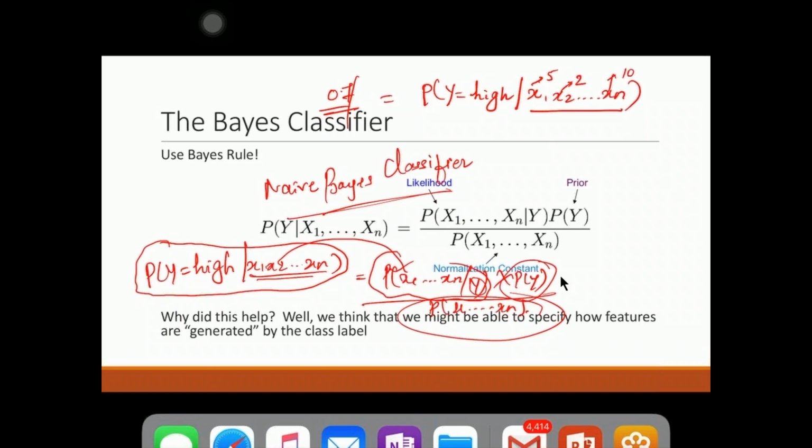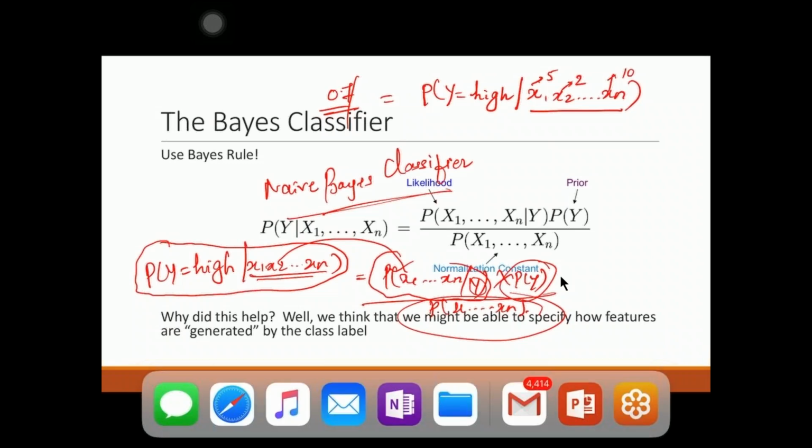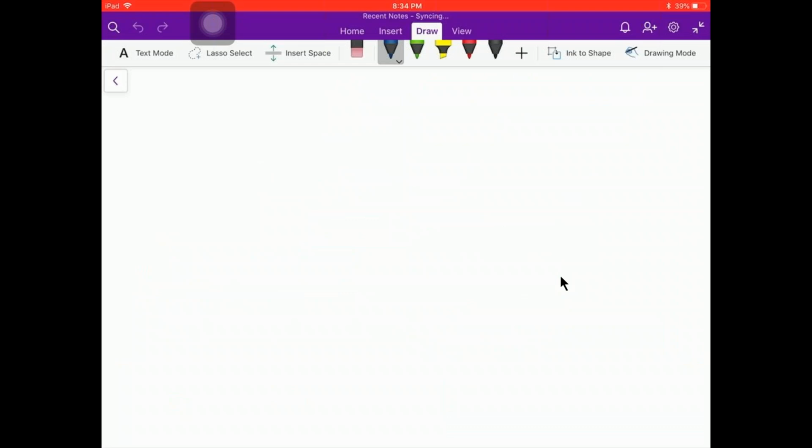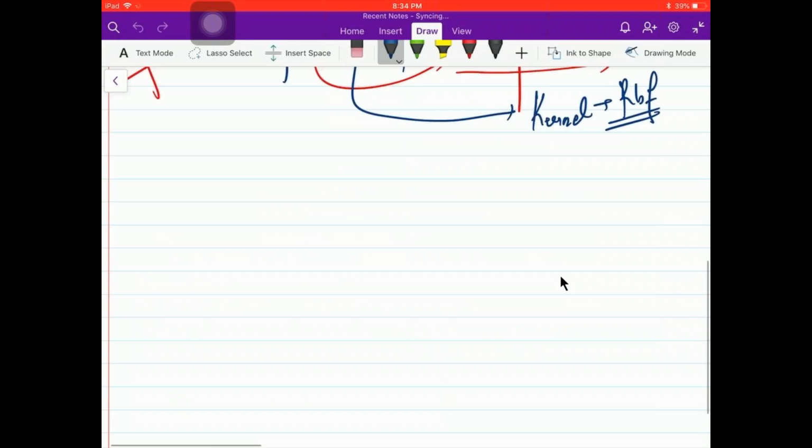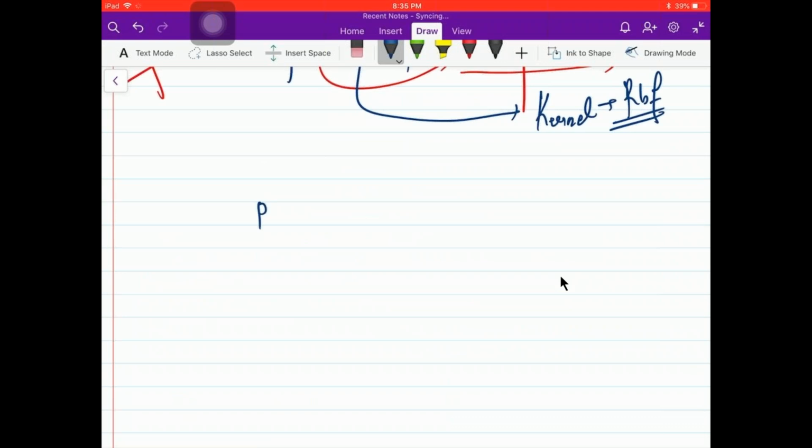Let me change to OneNote and I'll explain. Probability of y equal to high given x1 through xn.